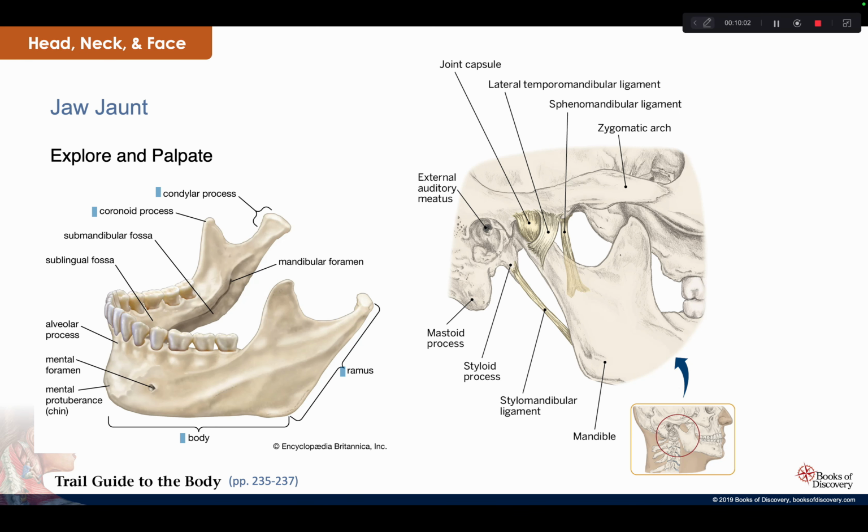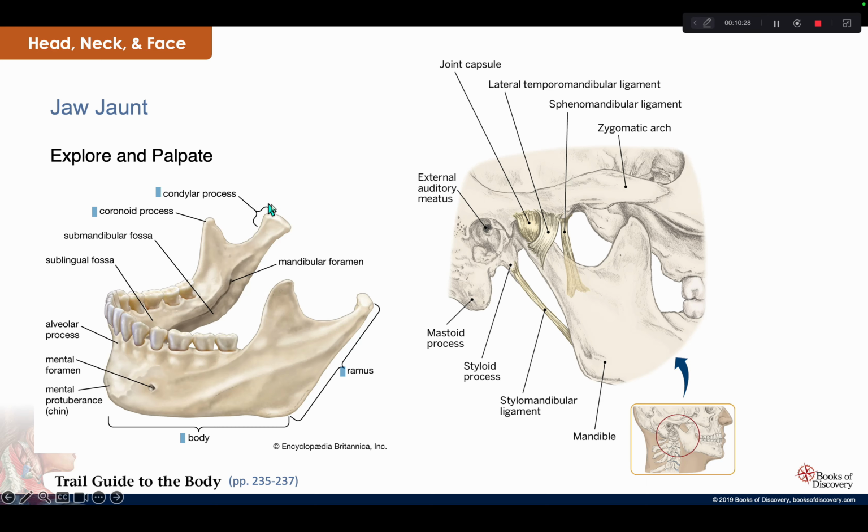The jaw jaunt. We're going to look at the mandible in a little more detail. First, I have what I think is really important, marked with little blue rectangles. You have your coronoid process, that front section of your mandible where it attaches to the skull.